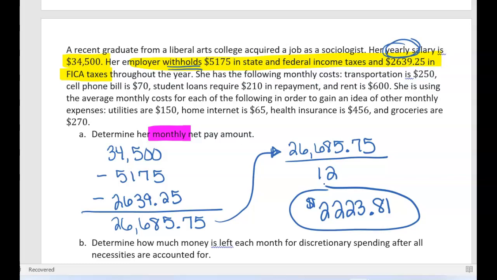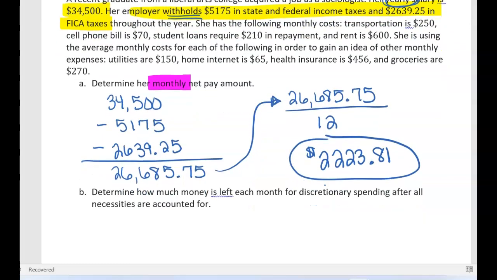Now, question B. Determine how much money is left each month for discretionary spending after all the necessities are accounted for. So now they want to know what is going to be left after she pays all of her bills. So we need to go back up top and we need to add up all of her bills in green.